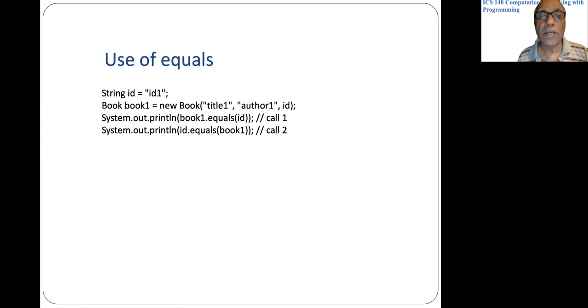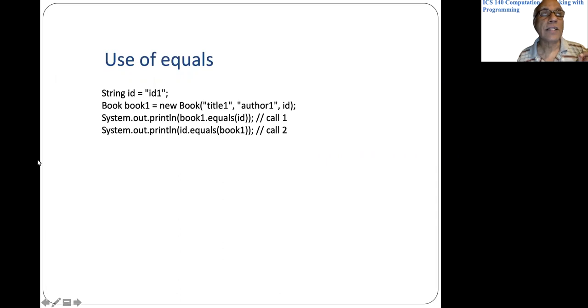But when you are comparing strings or books or students or faculty or any object, you should usually use the equals method. For example, if you want to compare if two books are equal, you should compare the two books using the equals method.